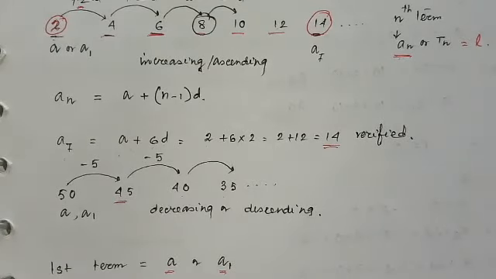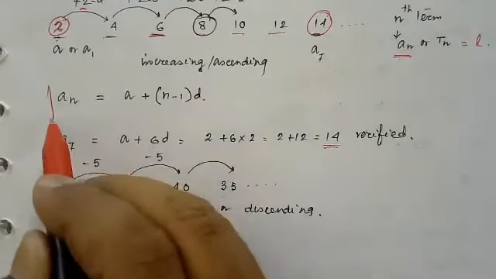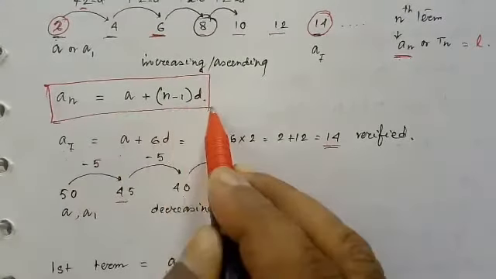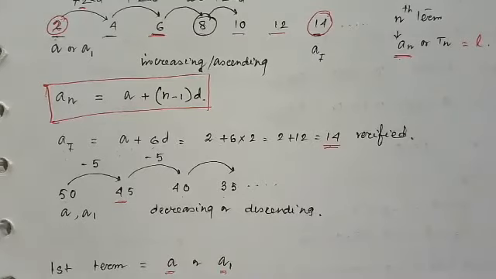So an is equal to, we already have written, an is equal to a plus n minus 1 into d. Now let us find out what will be the expression for number of terms and d.